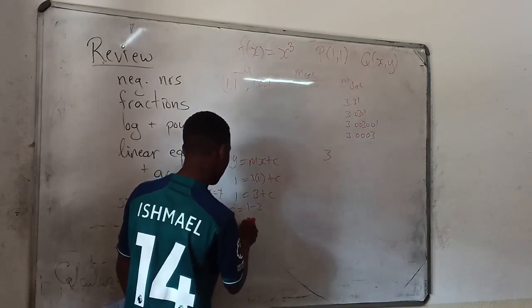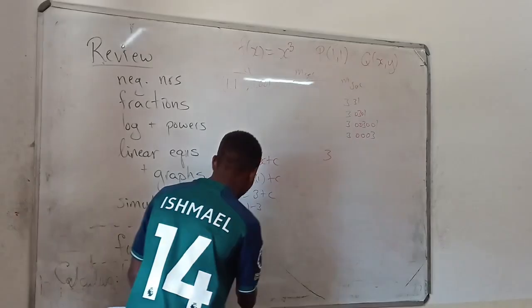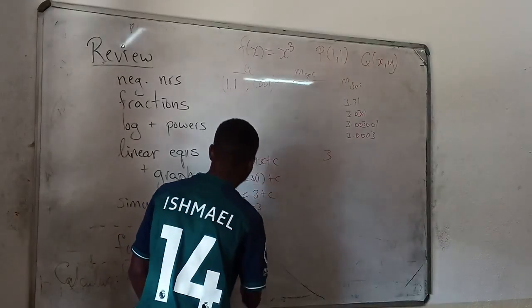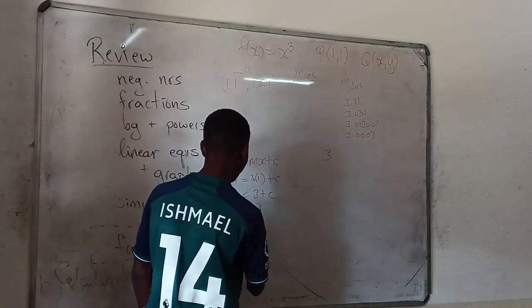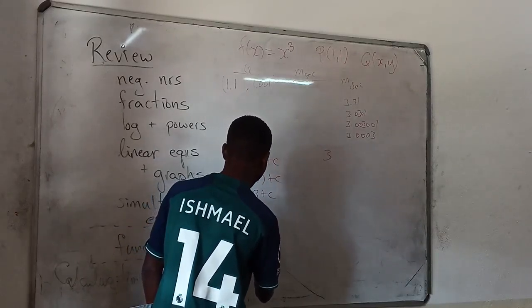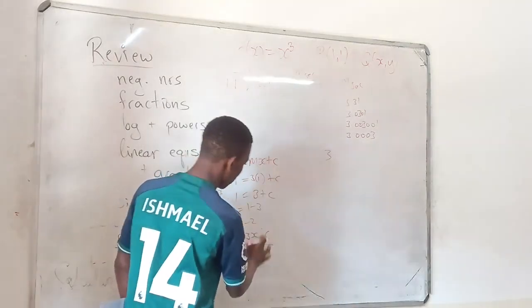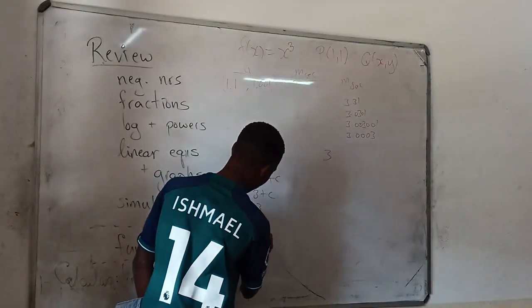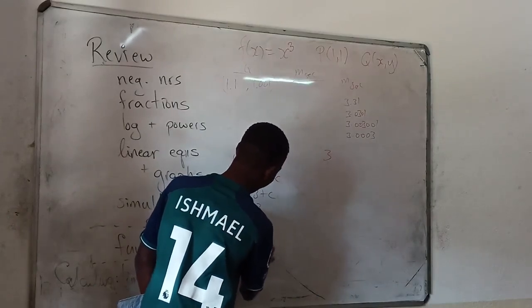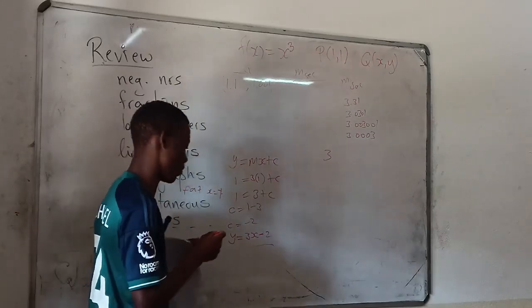Negative 4. Our equation will be like y is equal to 3x plus c, negative, sorry, negative 2. Negative, like that. Okay? Yes, sir.